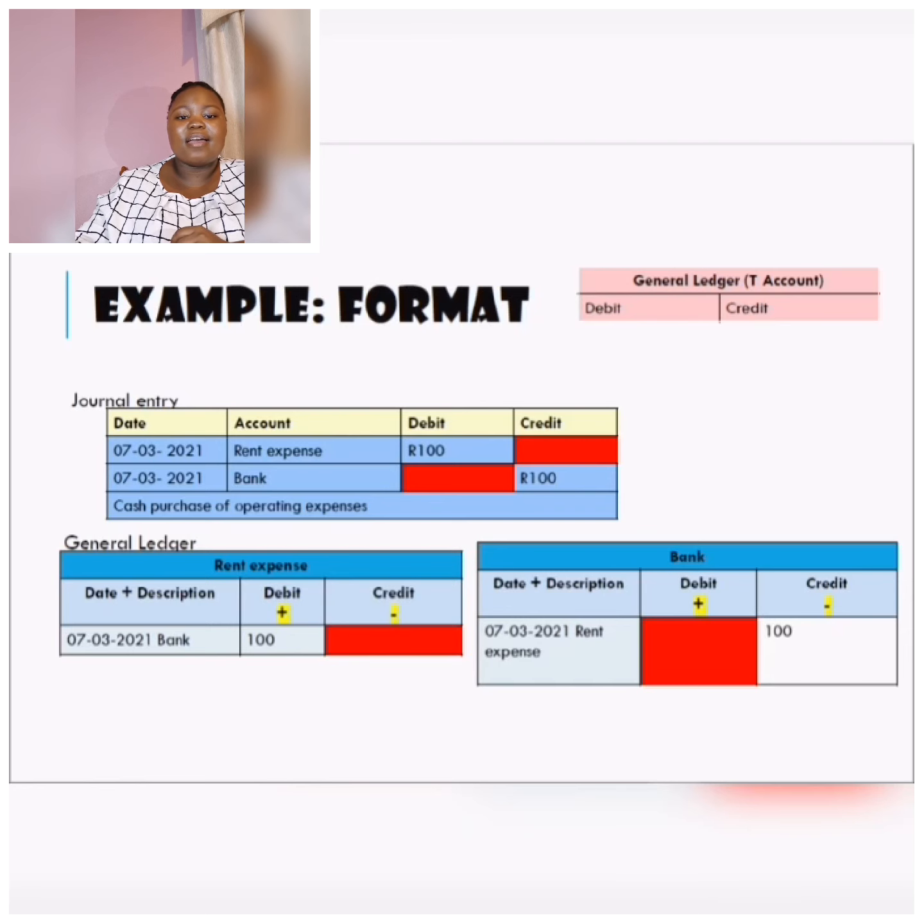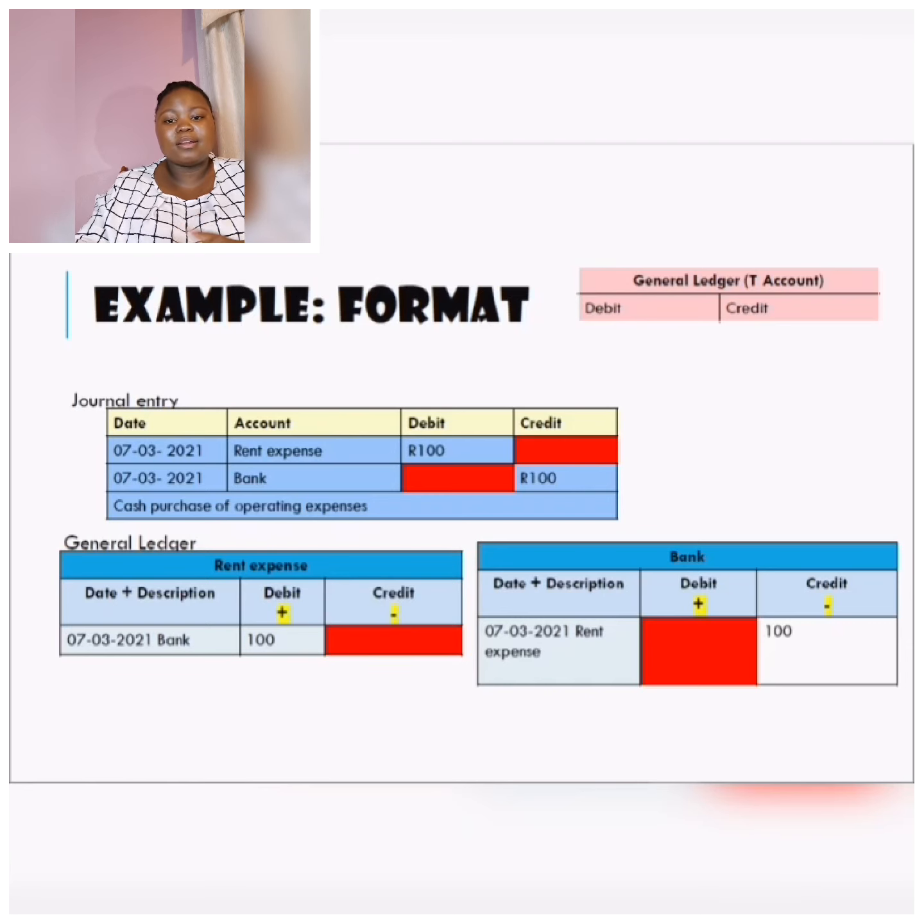And the general ledger is more detailed. We would see what exactly happened on the entire bank account, either for that year or for that month. For now, to make things easier, let's just use a month. It will have all your transactions, like for a bank account, your bank balance, or your rent expense. Maybe you pay rent once a week or just once a month, so we will have that one transaction.